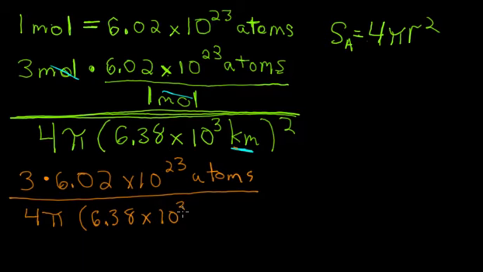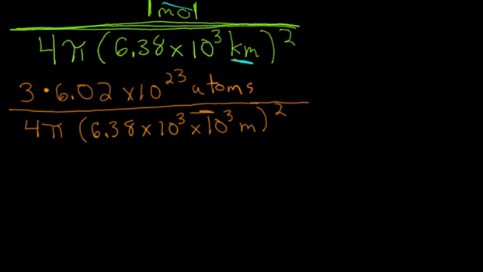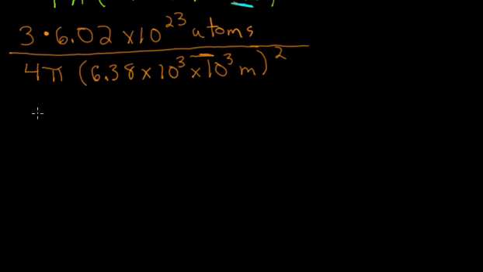Instead of doing a conversion factor, I know that kilo is times 10 to the 3rd. Keep my meters squared. And so if I do my unit analysis, I know I'm going to get meters squared here, so I'm going to have atoms per meter squared. So I now have something I can put into my calculator. My rule of exponents says these are just going to become 10 to the 6th. So one more, I'll scroll this up and write it nice and neat in the format that'll go into my calculator.